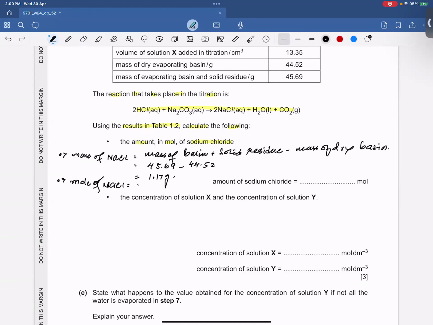So we need mass, which is 1.17 divided by the MR of sodium chloride. Chlorine is 35.5 plus 23, which is 58.5. So 58.5 is the MR of sodium chloride. The answer is 1.17 divided by this, so it's 0.02 moles.